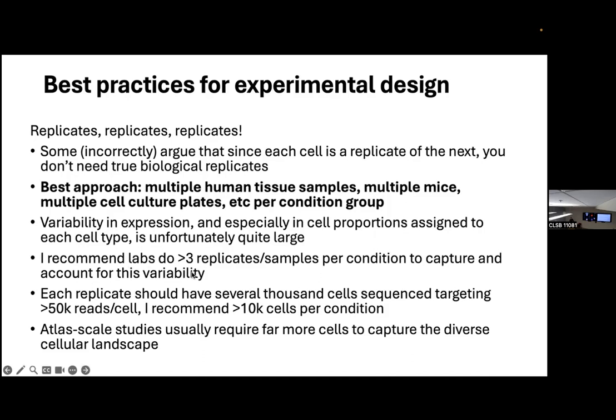So as I said, I usually recommend labs do at least 3 replicates or samples per condition to capture and hopefully account for this variability. Honestly, the more the better. I have done some experiments in mice where an N of 10 per condition was really necessary.